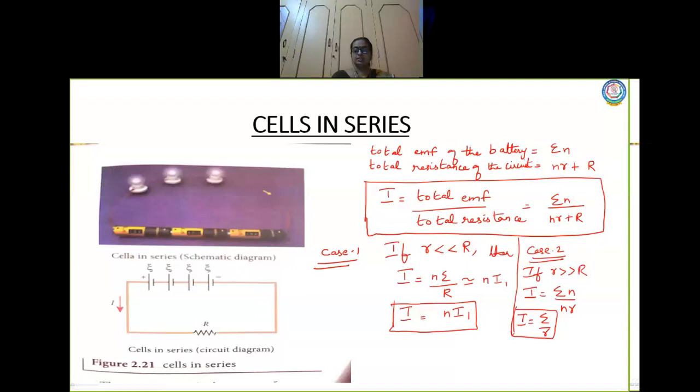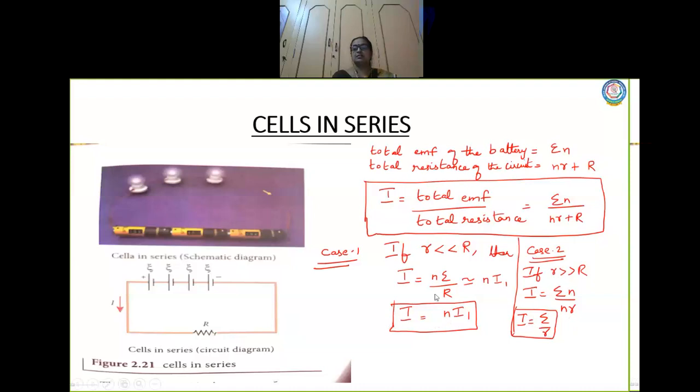In other words, I can also say that when the external resistance is much higher than the total internal resistance, the cells should be connected in series so that you get maximum current.